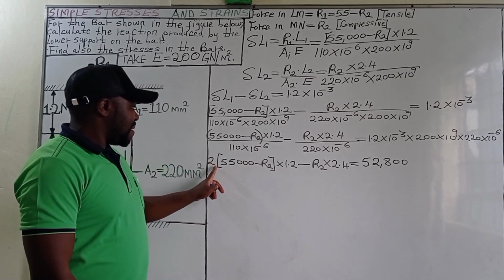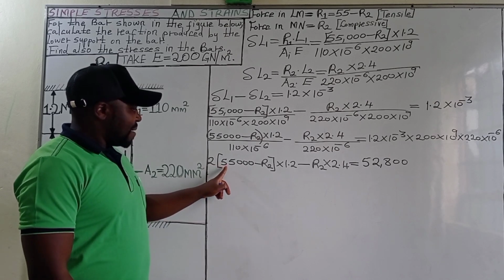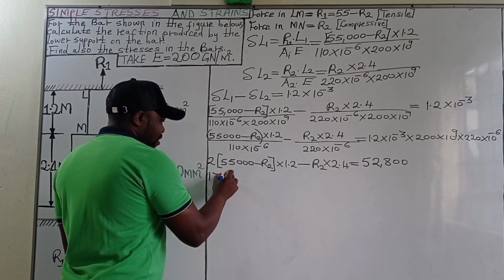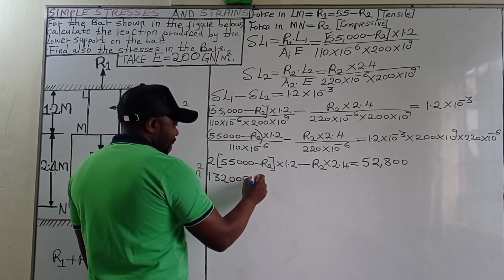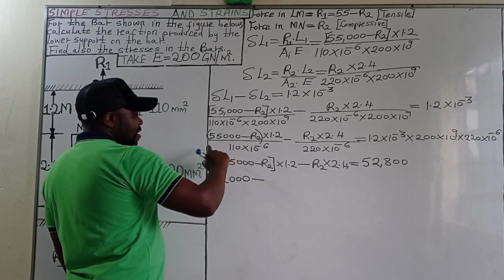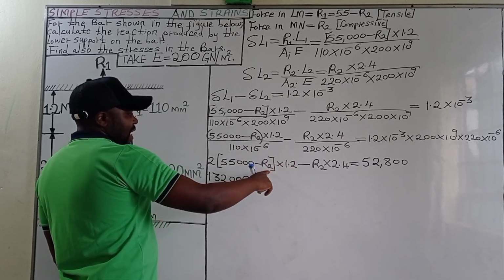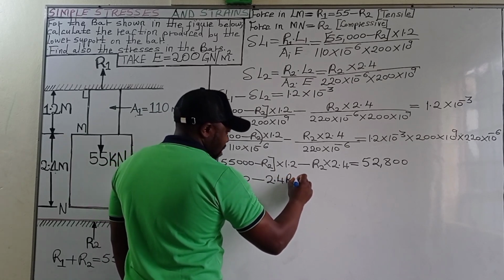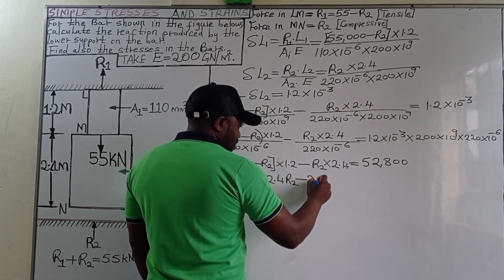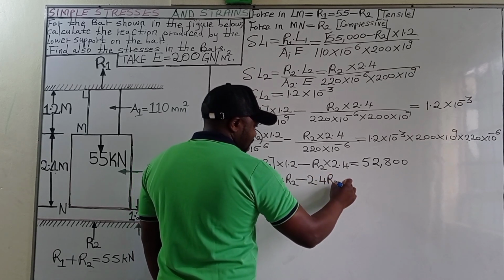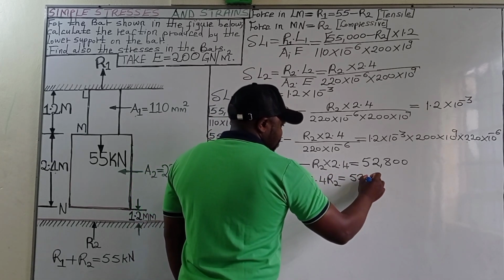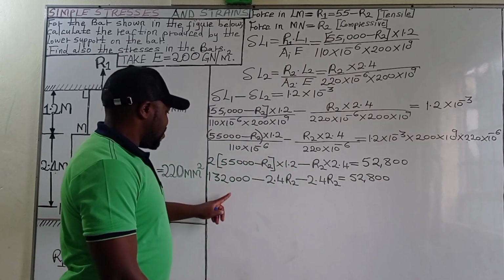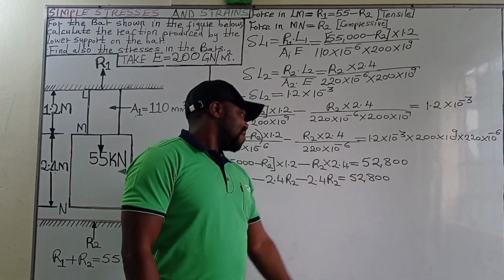Then open the brackets. 2.4 times 55,000 happens to be 132,000 minus 2.4, that is 2 times 1.2, times R2, that is 2.4 R2, minus, this one is going to be 2.4 R2 as well, equals 52,800. Then you are going to take 132,000 to the other side of the equal sign.